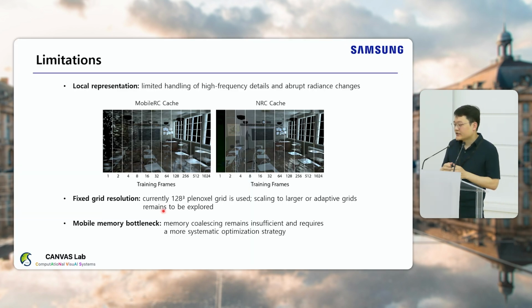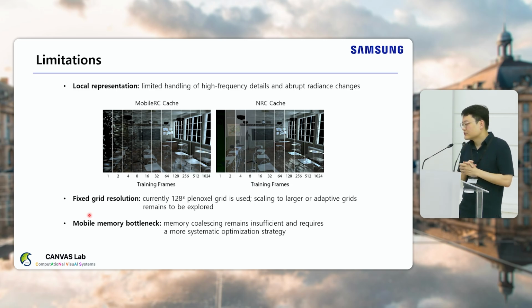Certainly, we have some limitations. Since we are relying on a local representation, we have limited handling of high-frequency details and abrupt radiance changes. For example, this shows a time lapse of radiance caching from our method and NRC. We capture some low-frequency features only.